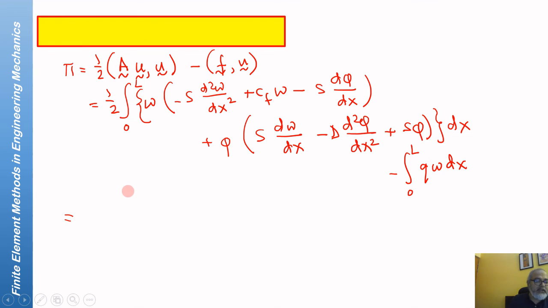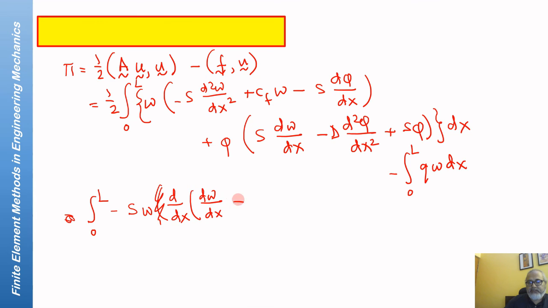So if you simplify, let's say, this term here, we have 0 to L minus S w into d/dx of dw dx plus phi.